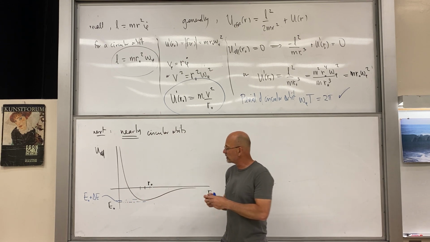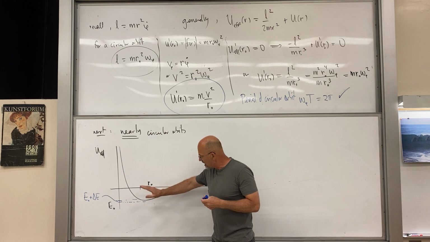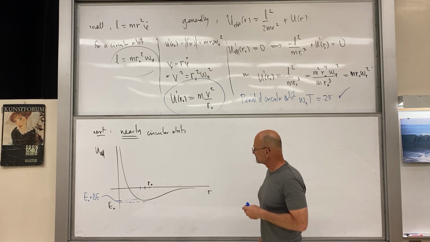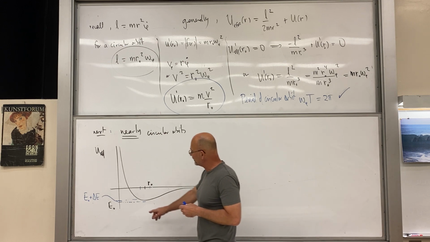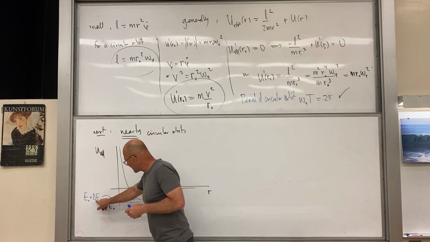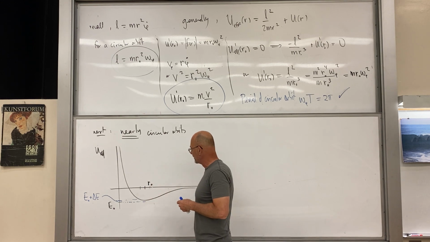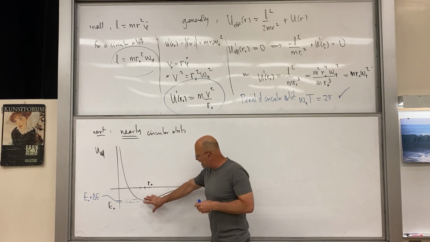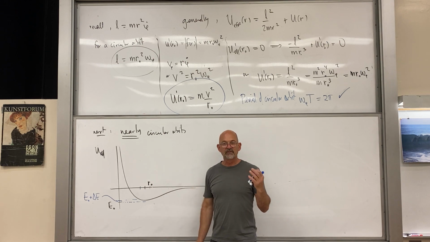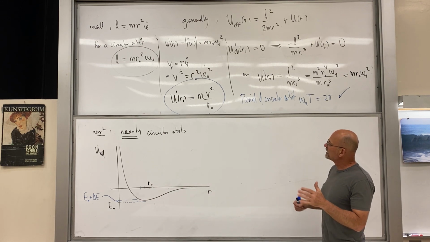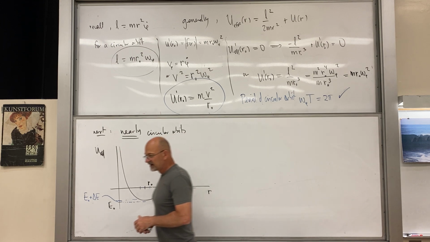So we'll just be doing our small oscillations discussion on this effective potential. Corresponding to a slight change in energy we'll have a slight change in radius. And we can just analyze the effective potential, first and second derivatives, things like that. Okay, so that's where we're headed. We'll do that next time. See you then.